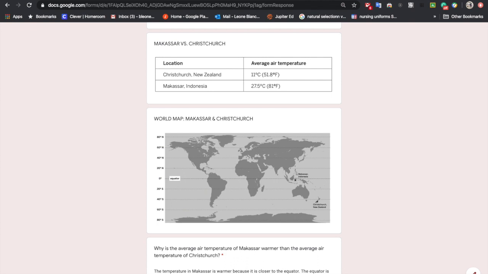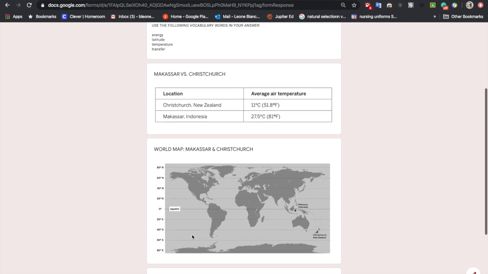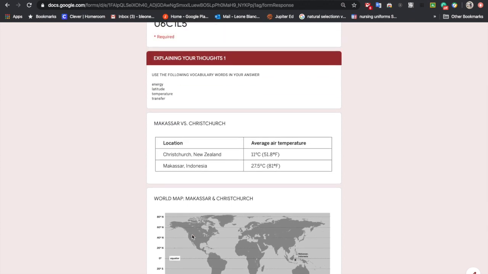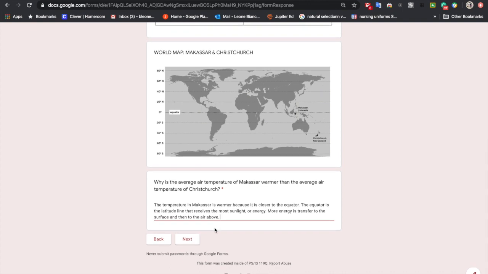More energy is transferred to the surface and then to the air above. Now, I think I've used every single vocabulary word to explain why Indonesia would be warmer than New Zealand.